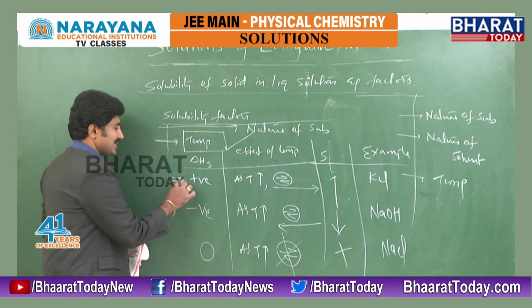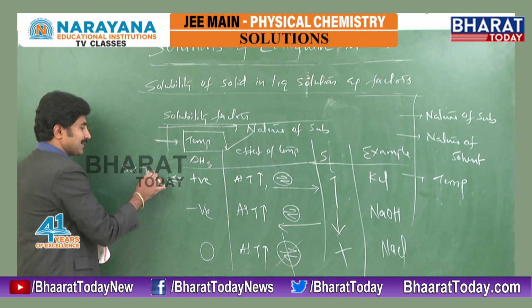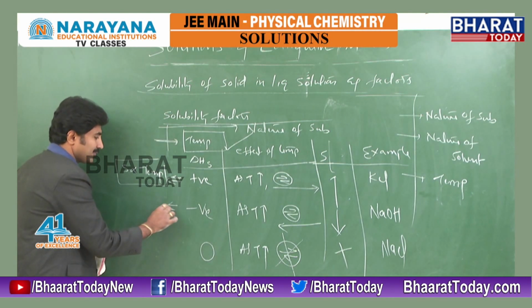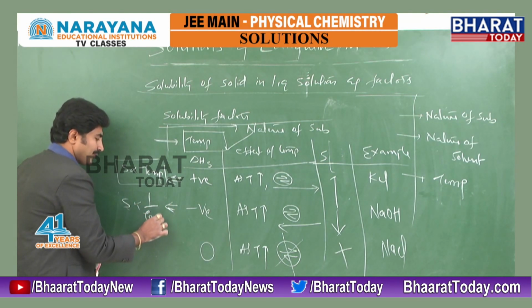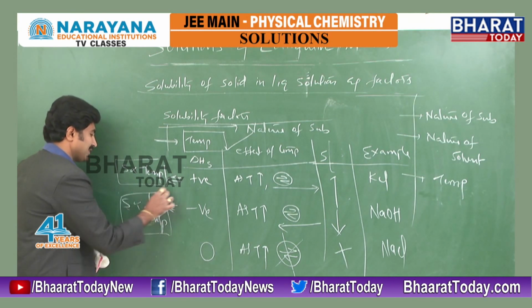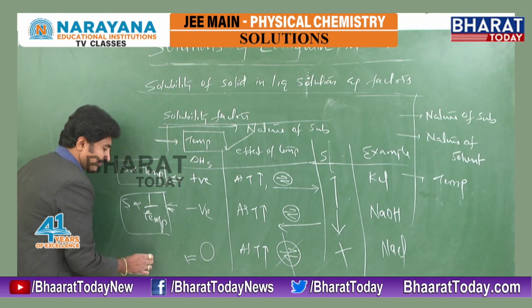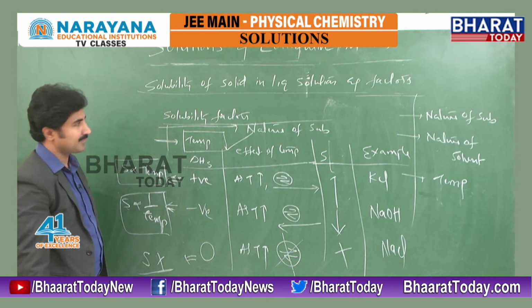If delta H is positive, solubility and temperature are directly proportional. If delta H is negative, solubility and temperature are inversely proportional. And if delta H is equal to 0, solubility does not depend on temperature, it is independent of the temperature.